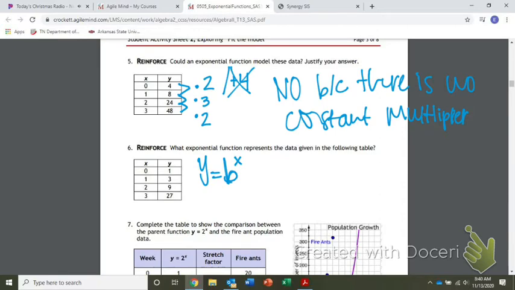I'm multiplying by 3. 3 to 9. 9 to 27. Is that a constant multiplication? So what's my b value going to be? 3. So my answer is just y equals 3 to the x.